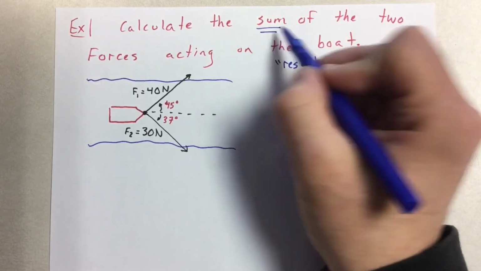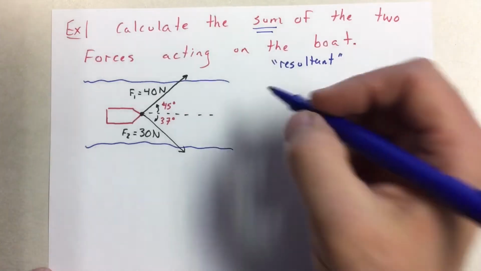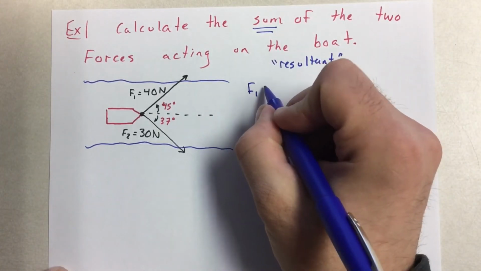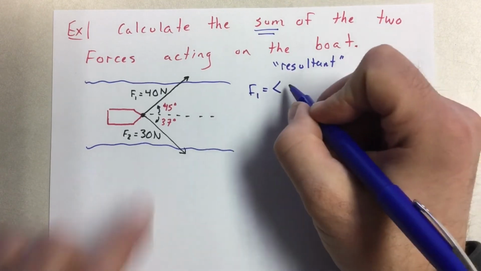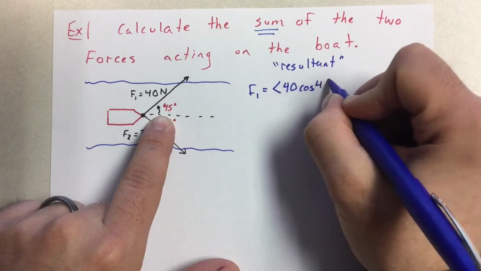Again, sum with vectors is resultant. So how do we do this? This is going to take some time to talk about. So the first thing is we can write force 1, the first force, as the magnitude multiplied by cosine of the angle measure.